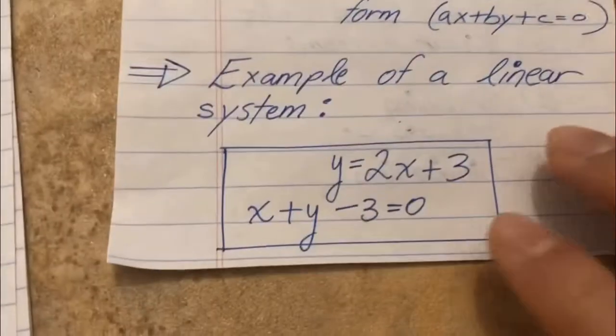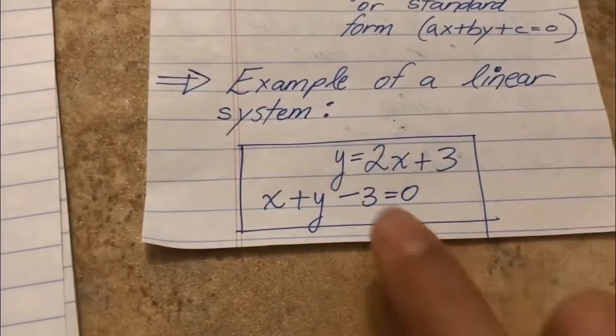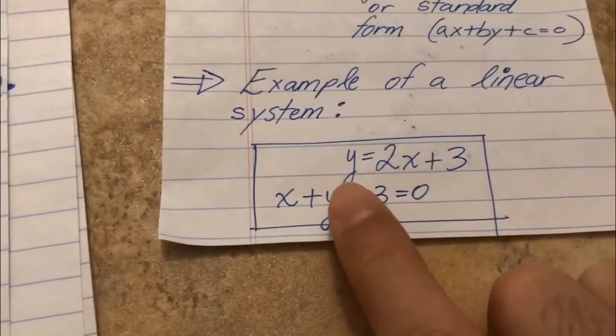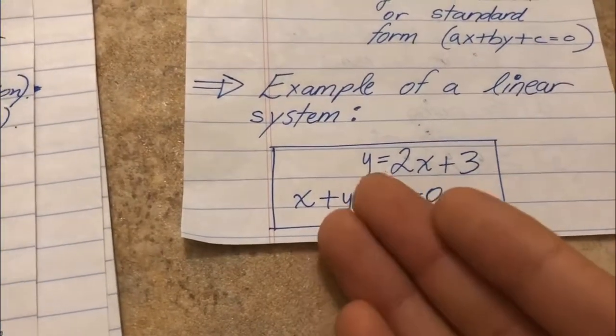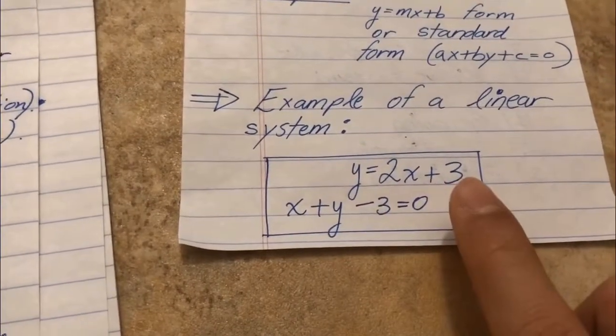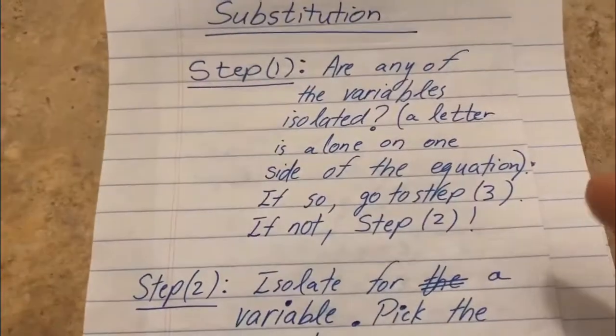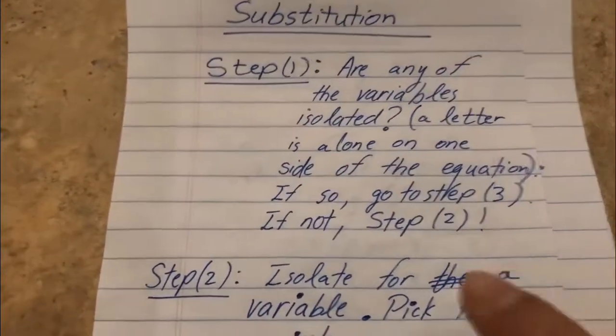So in this example, the answer to that question in step 1 would be yes. I have y equals 2x plus 3. I have a letter, in this case y, on one side of the equation, and the rest of the junk on the other side. So the answer to step 1 would be yes, in the example that I gave from the previous video.